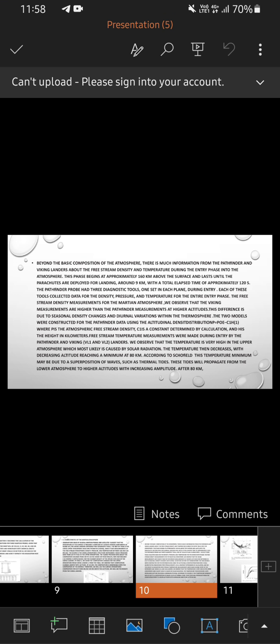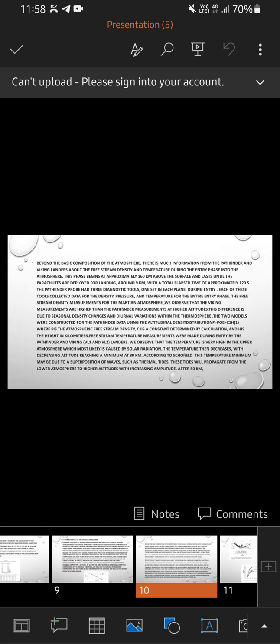Beyond the basic composition of the atmosphere, there is much information from the Pathfinder and Viking landers about the free stream density and temperature during the entry plasma phase into the atmosphere.